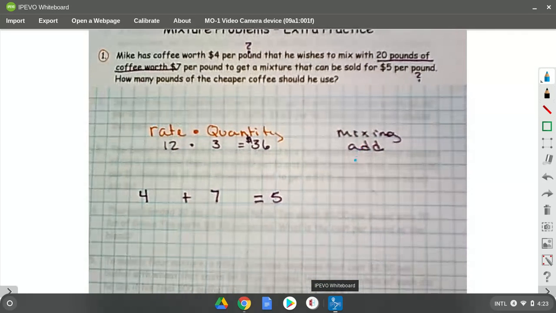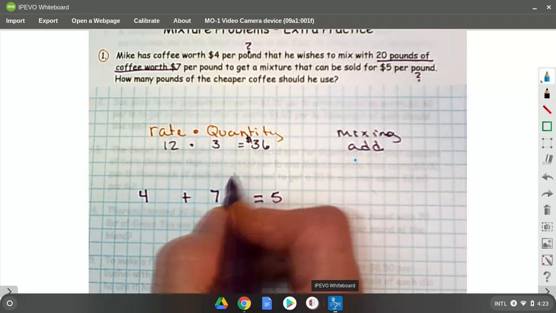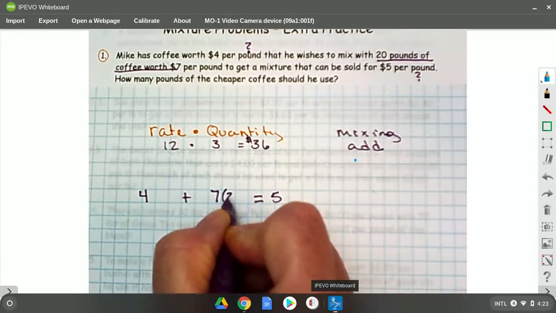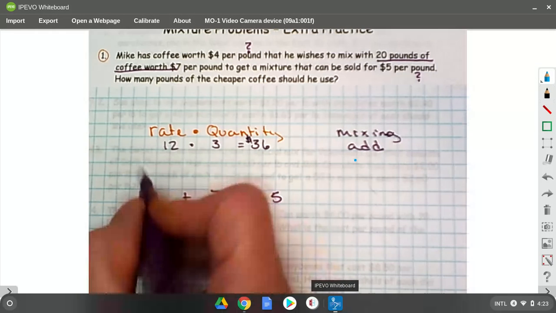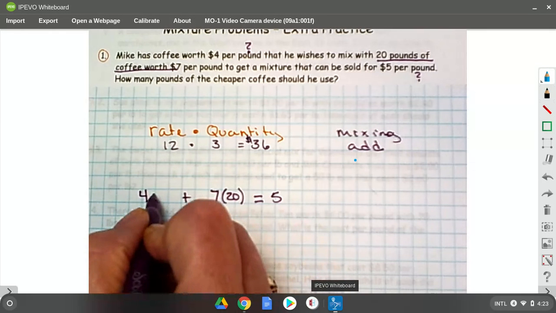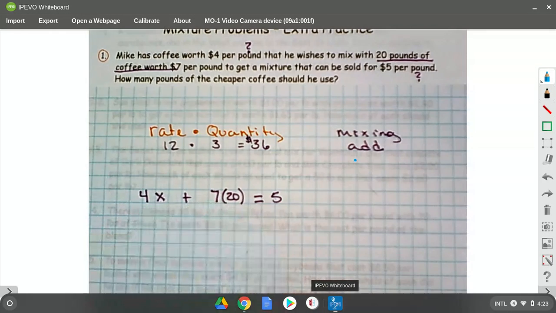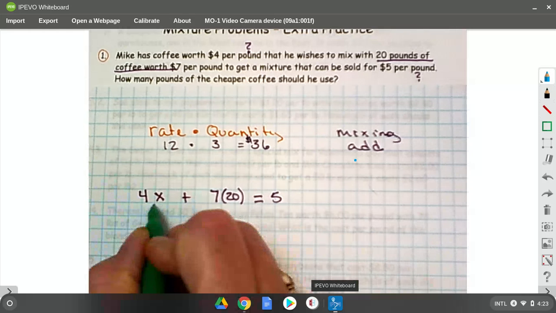That's my basic problem. I do know that I've got 20 pounds of the $7 coffee. I don't know how many pounds of the 4, so I'm going to use my variable X. All right, so here's where you just got to do that reasoning it out kind of thing.